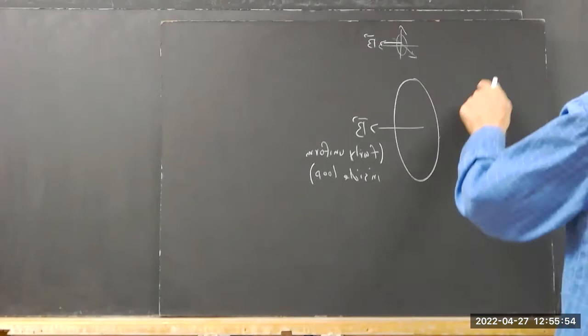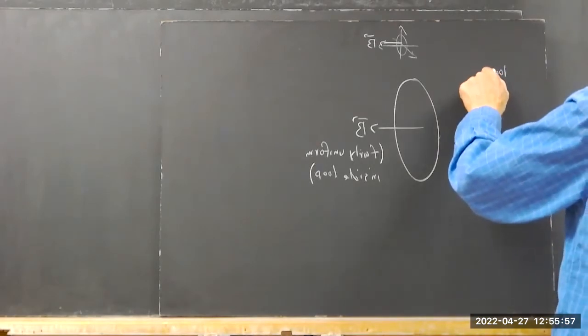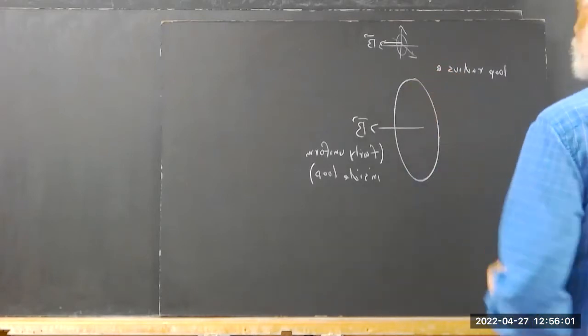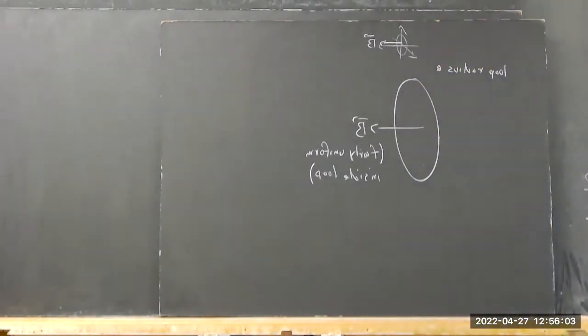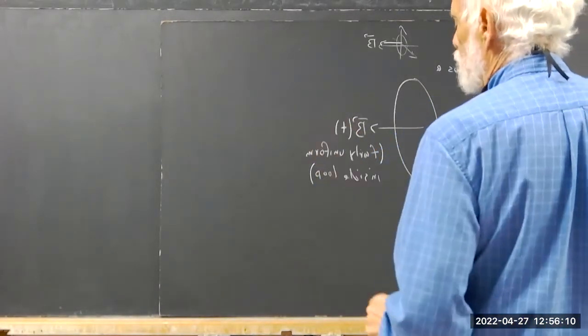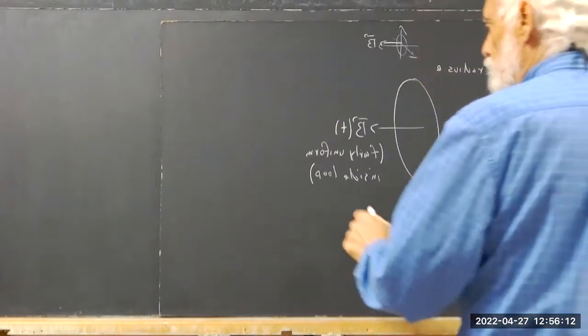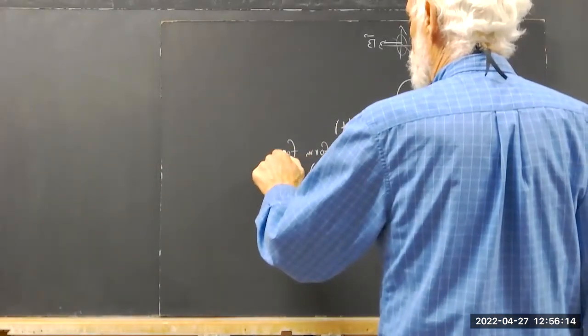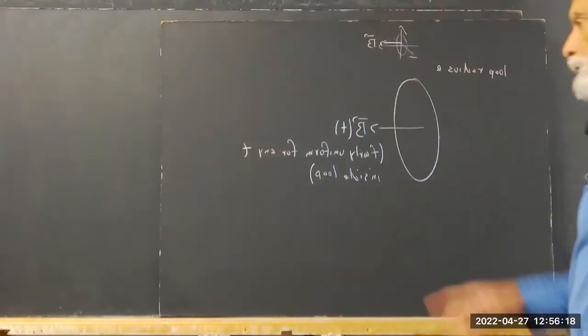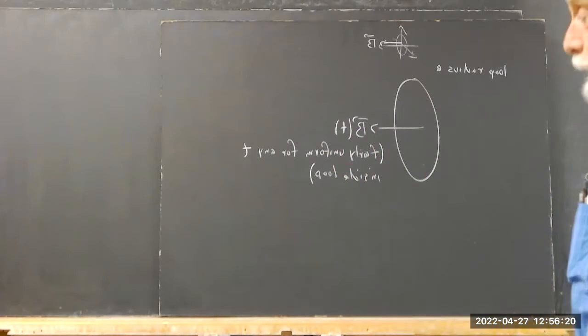Loop radius a. The magnetic field is a function of time, fairly uniform, for any fixed time you might want to specify.